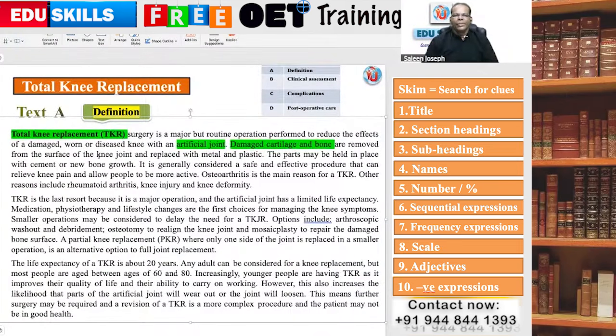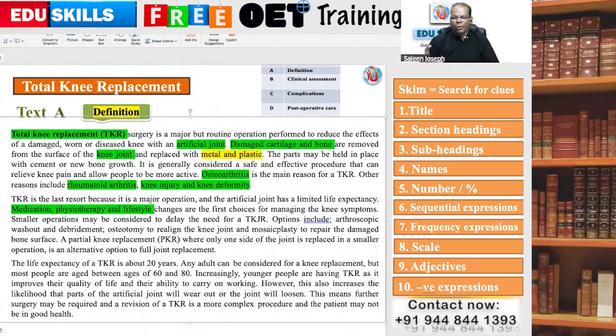Osteoarthritis, rheumatoid arthritis. Osteoarthritis, that is the name of the condition. Rheumatoid arthritis. Knee deformity. Then medication, physiotherapy, and lifestyle changes.